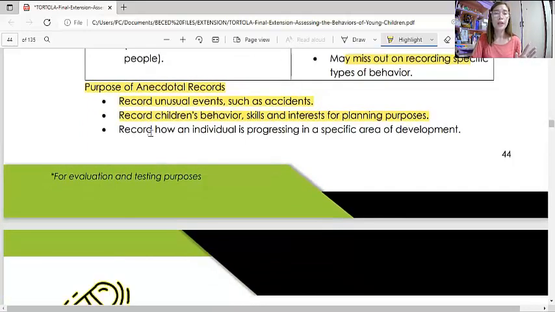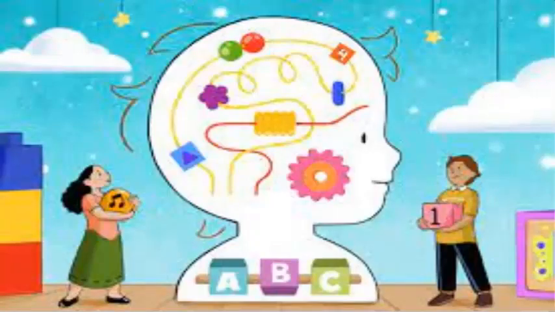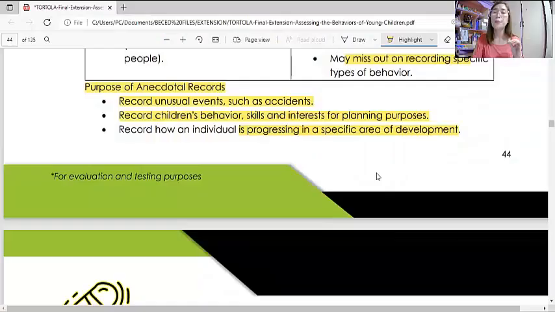And then, record how an individual is progressing in a specific area of development. So, it doesn't mean that anecdotal record only focuses on the accidents, on the unusual events, but it is also a record of how an individual is progressing. Giunsa niya nga na-improve siya. For example, kaning bata, medyo kuan siya.